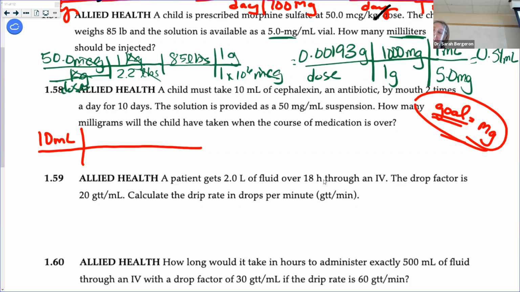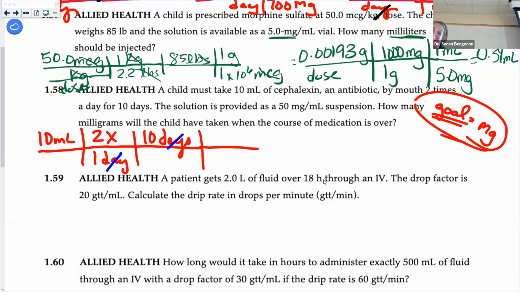How many times are they taking 10 milliliters? 2 times a day. So they're taking it 2 times per 1 day, right? For how many days? For 10 days. What's happening to my units? My days cancel, right? Okay, now what? What other piece of information do I know?